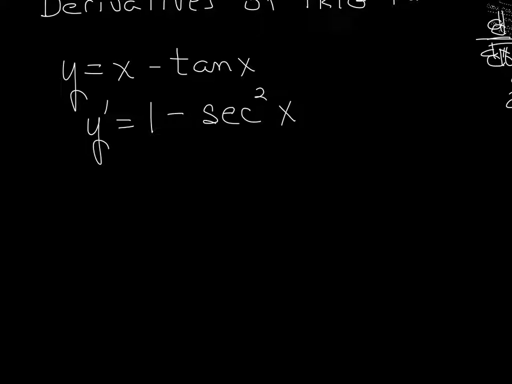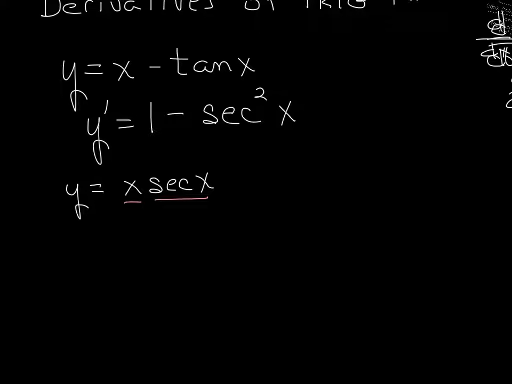Let's look at one that requires the product rule. Y equals x times the secant of x. Now notice we have one function times another function, so we have to use the product rule when we find this derivative.